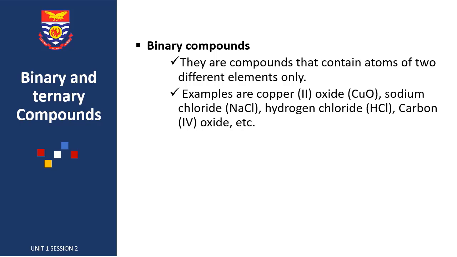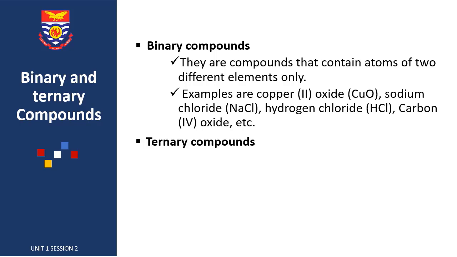Other examples are copper(II) oxide, sodium chloride, hydrogen chloride, etc. This means that a molecule like the hydrogen molecule, written as H2, is not a binary compound. Why? Because there are only two atoms of just one element, which is hydrogen.